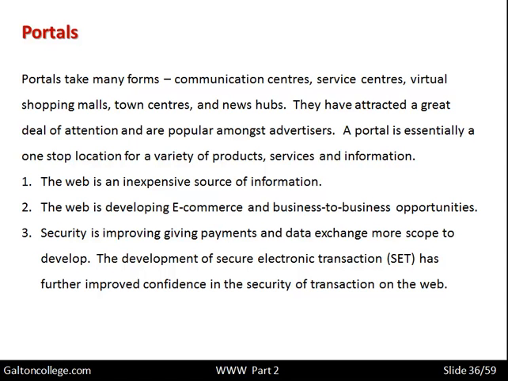Secured socket layers and all sorts of encryption can be used to secure the transaction. And even credit card companies indemnify purchasers. I think indemnify them if there's any issue about fraud or any issue of identity being stolen or that sort of thing.